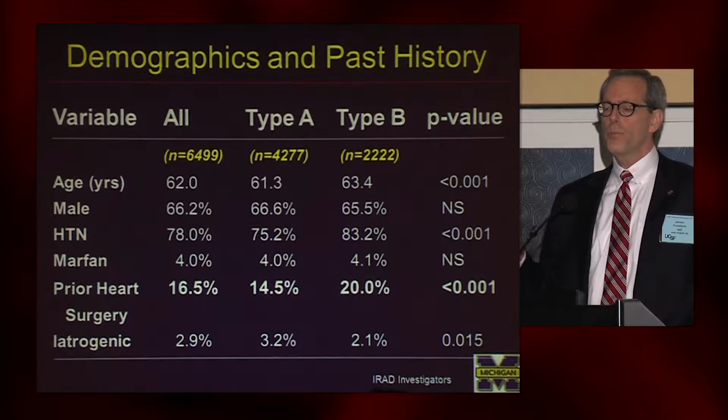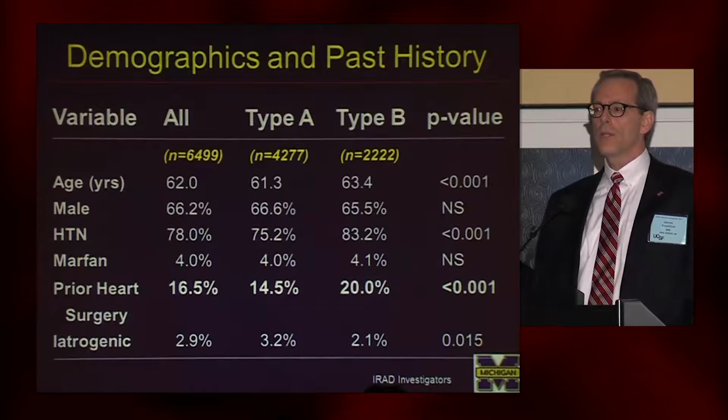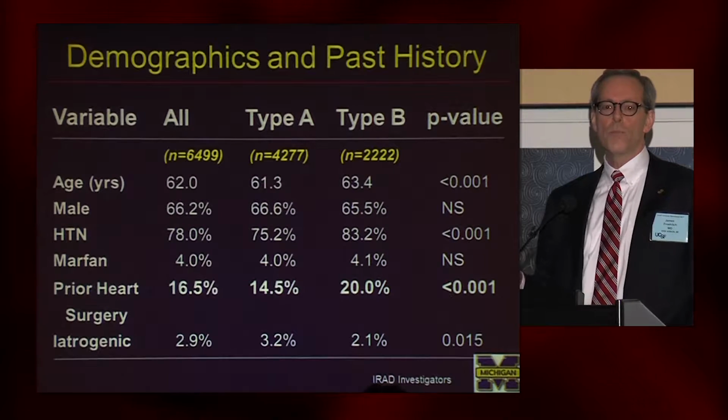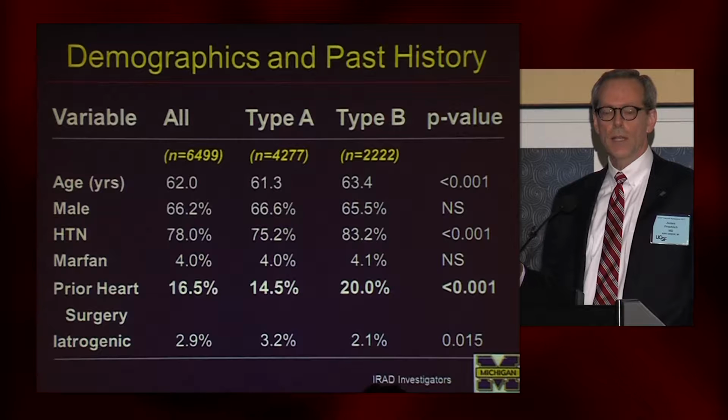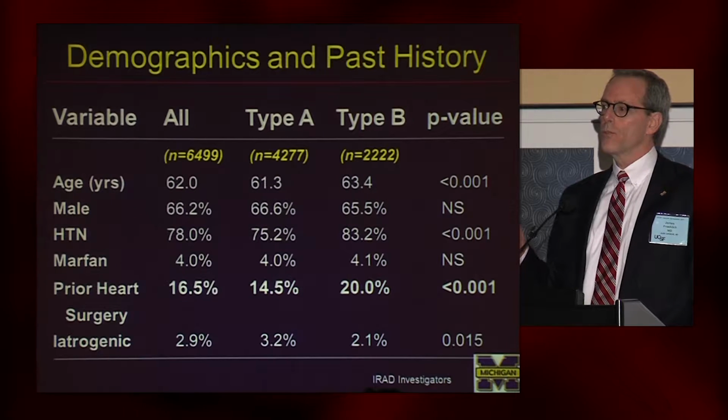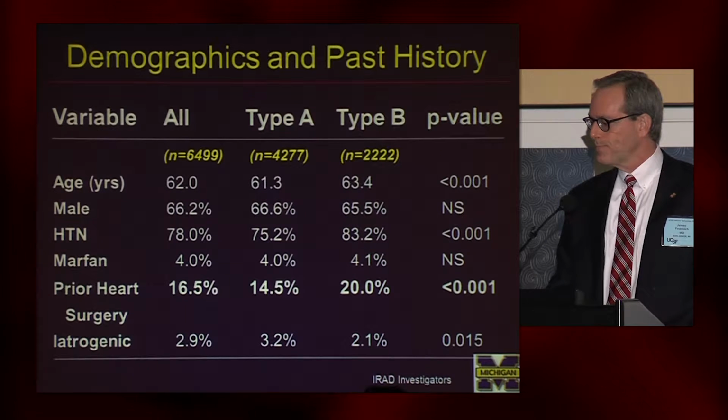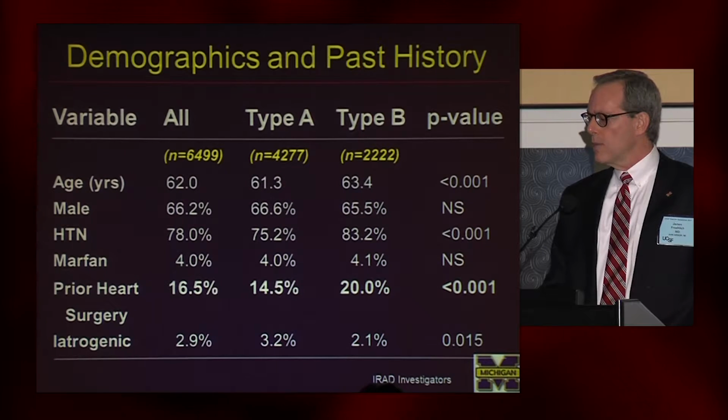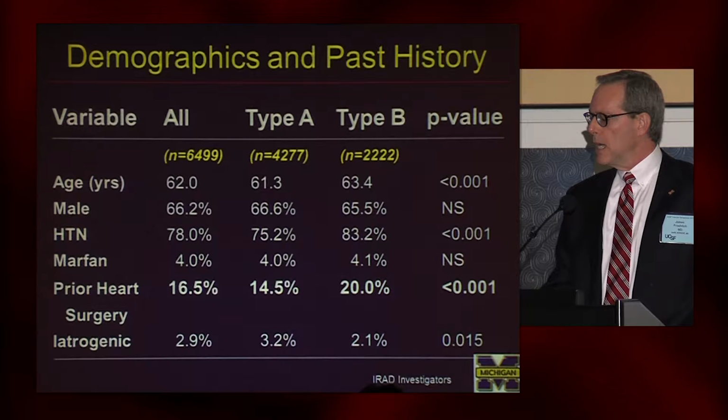Now, these papers were published at different times in IRAD's existence, so the number of subjects has obviously varied dramatically. Also, the number of subjects for which we can make the analysis in question varies from time to time. So let's review some of the demographics and past history.